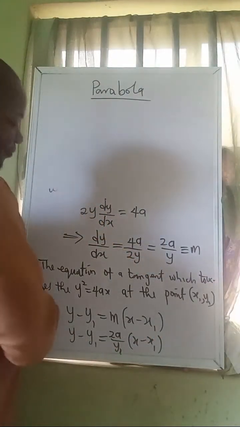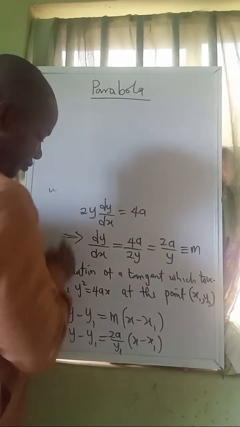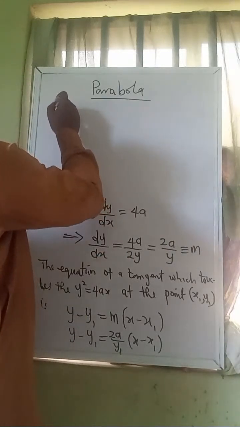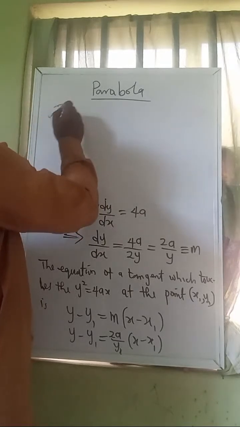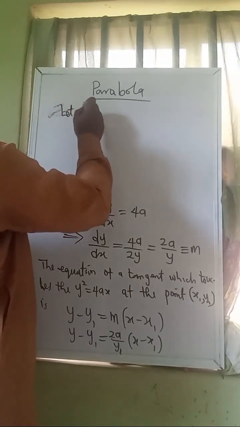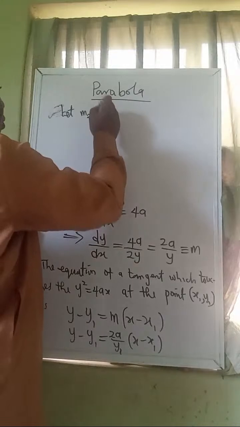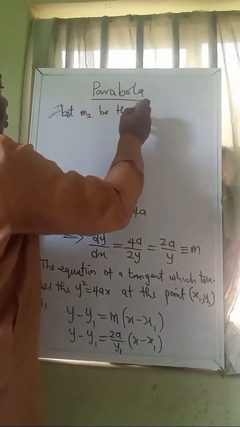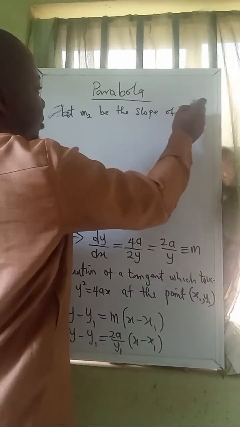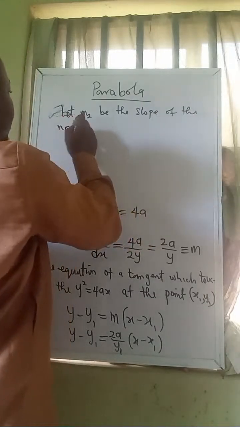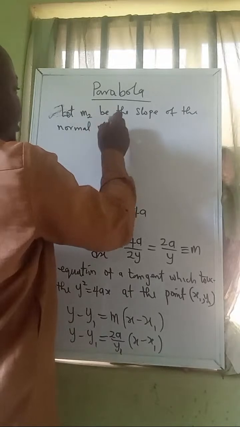So for the normal, let m2 be the slope of the normal of the parabola.